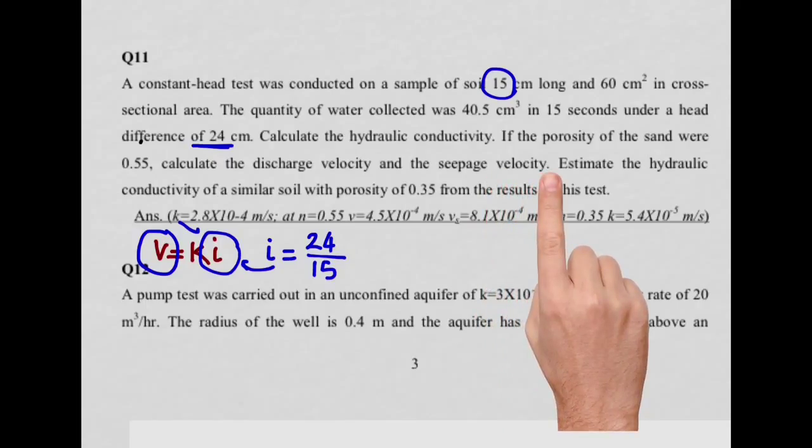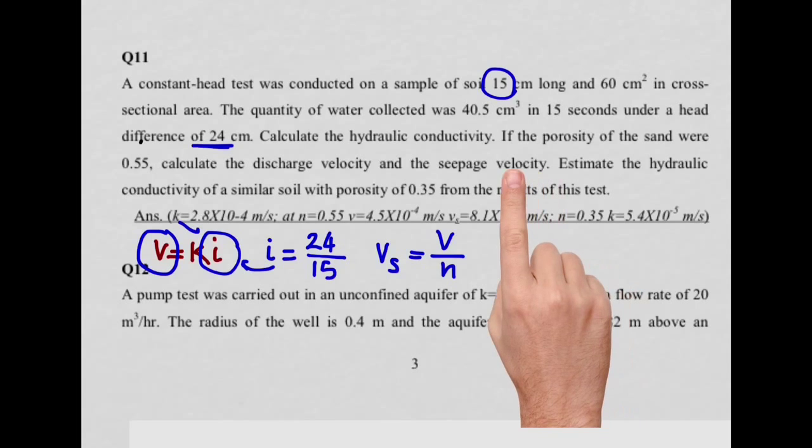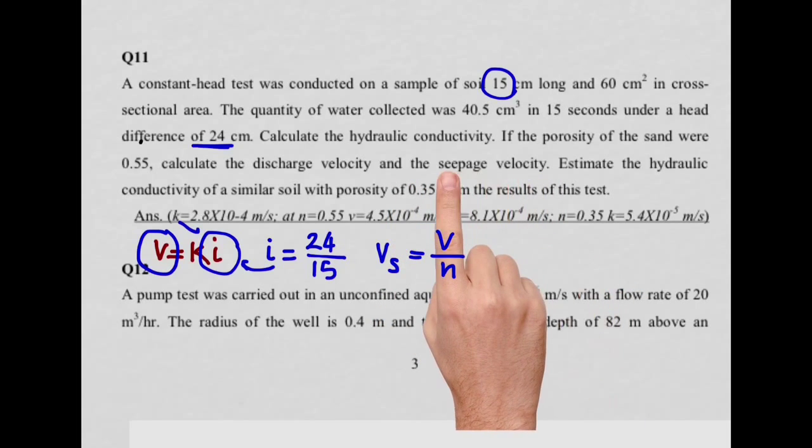We know that the seepage velocity, let us call it Vs, is equal to V, which is the discharge velocity, divided by n, which is the porosity. So simple and easy. We were able to answer these two parts of this question.